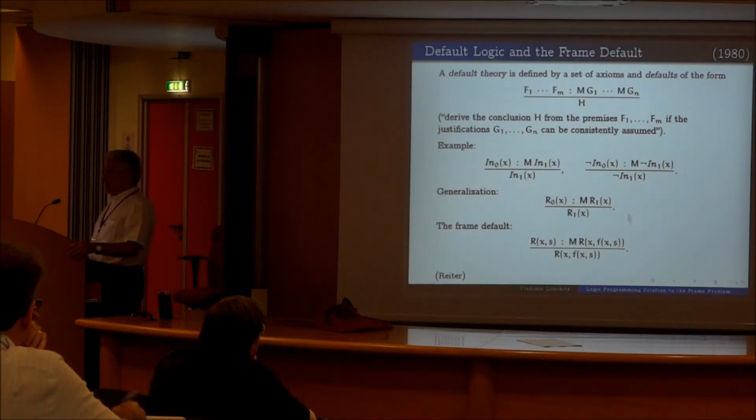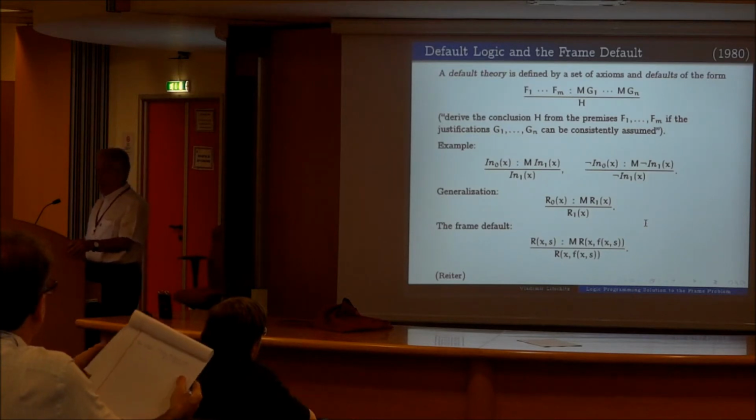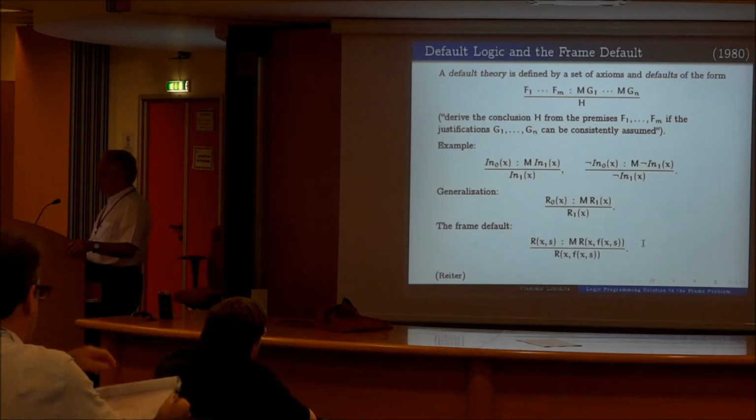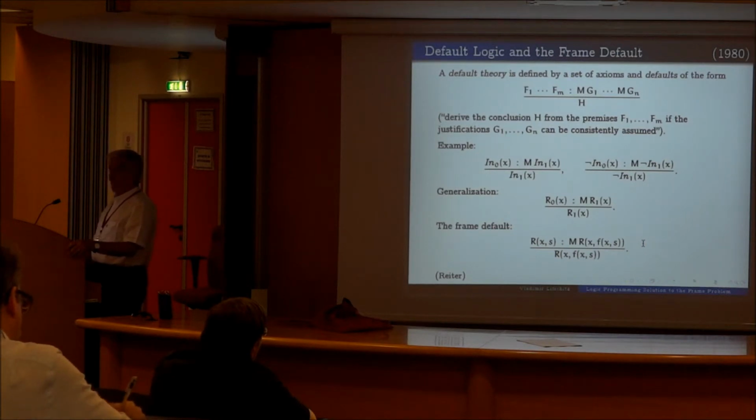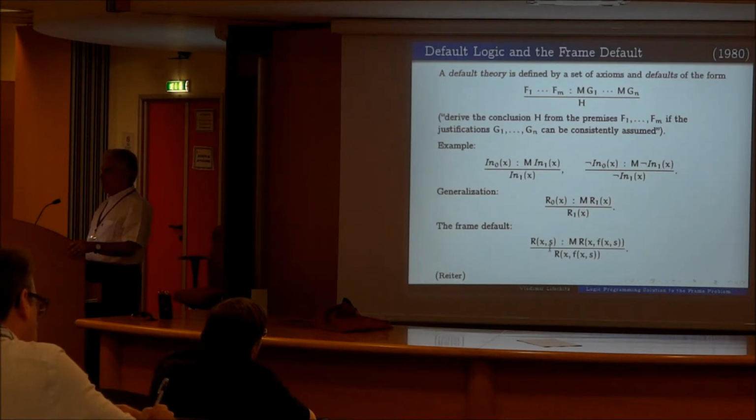If you compare this default with what you saw a few minutes ago, you can see that the difference is really in that in my simple example, I used the simplest possible model of time. There are just two time instances, 0 and 1, and something maybe happened between them. And Reiter's formulation used a more sophisticated model of time. It essentially used the situation calculus model. Instead of the subscript 0, Reiter's formulation used the second argument s, which is a situation variable.